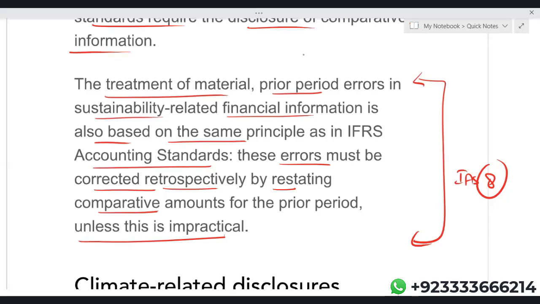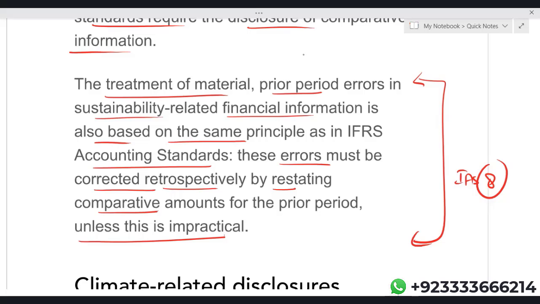Number one is relating to the information. Second, definition of the materiality. Third, users of the financial statements are obviously the same. Fourth, the financial statement reporting end has to be the same for both sustainability standards and other standards.